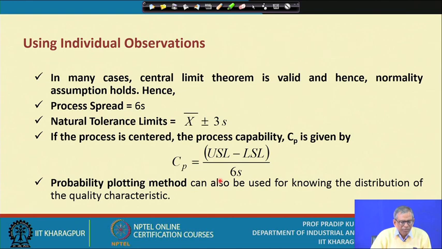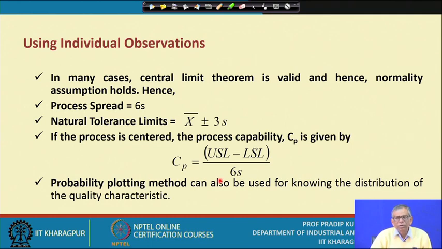So how do you define the process spread? I have mentioned the process spread. Assume the upper natural tolerance limit lies at 3 sigma away from the mean, and similarly the lower natural tolerance limit of a particular process lies at minus 3 sigma away from the mean, that is, on the other side of the mean.